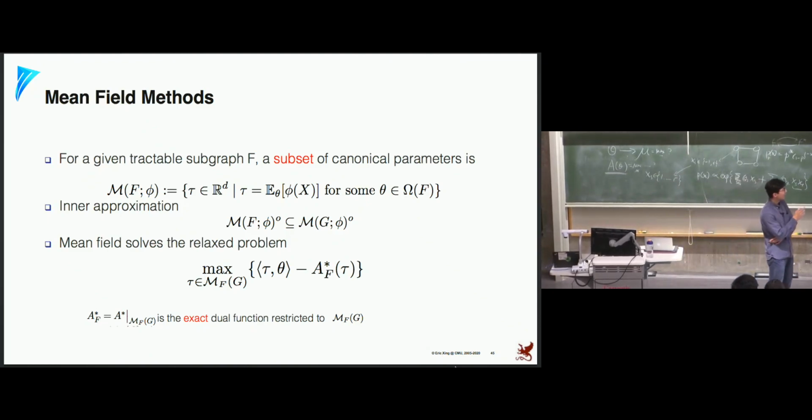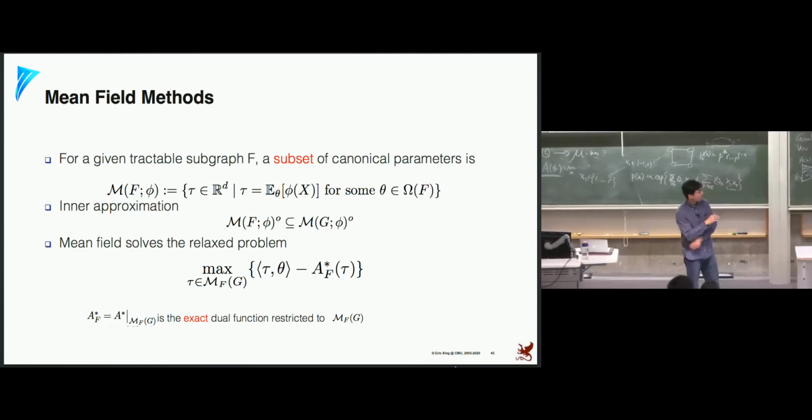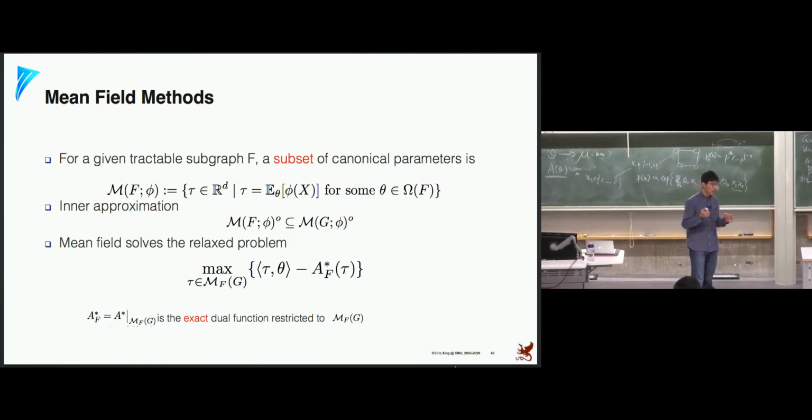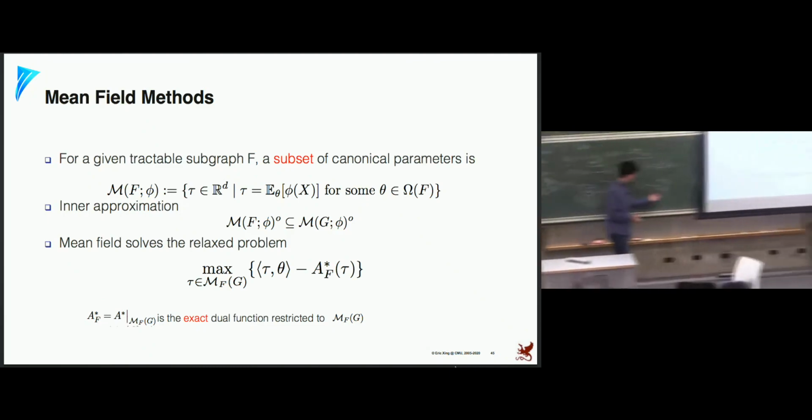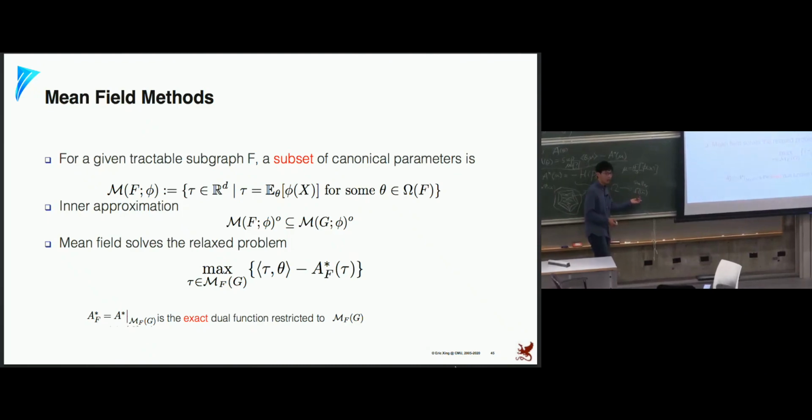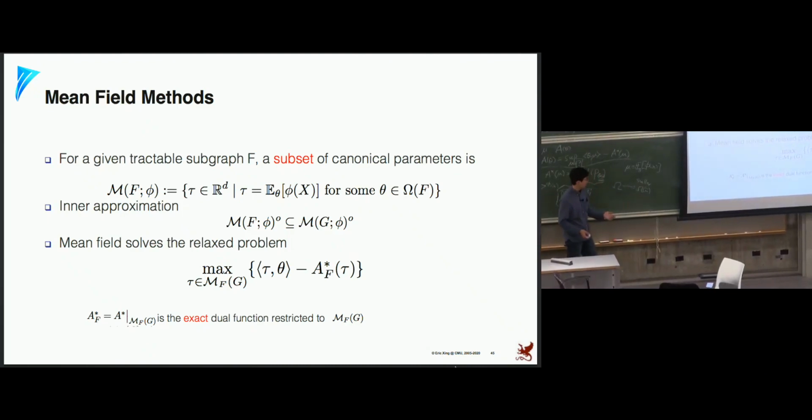Remember, the constraint set M is the set of realizable mean parameters, and by realizable I mean for distributions parameterized by thetas in this set. So the reasoning is, if we form a smaller canonical parameter set, the set of distributions parameterized by it is also going to be smaller, right?